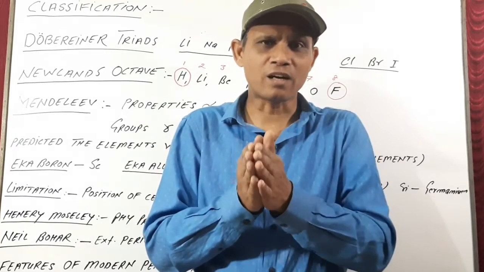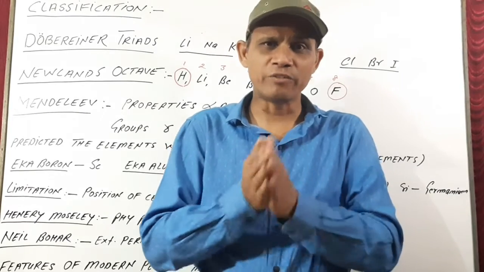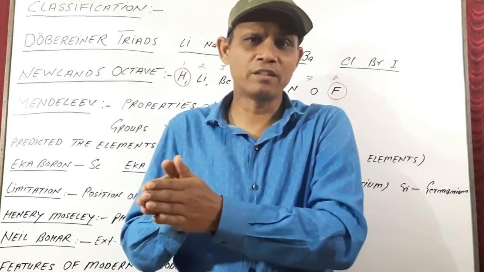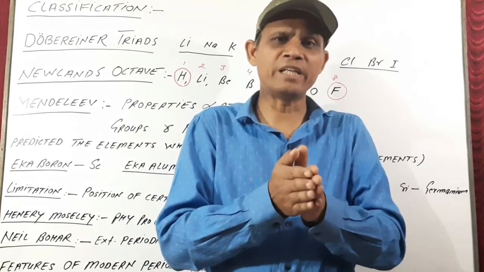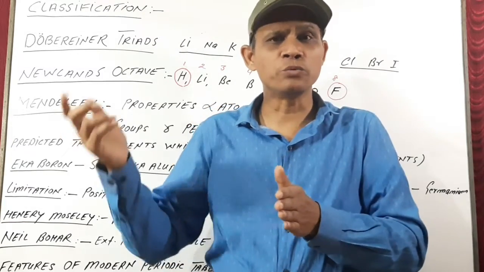So triads are sets of three elements in which the middle element has the atomic weight equal to the arithmetic mean of the weights of the other two elements.